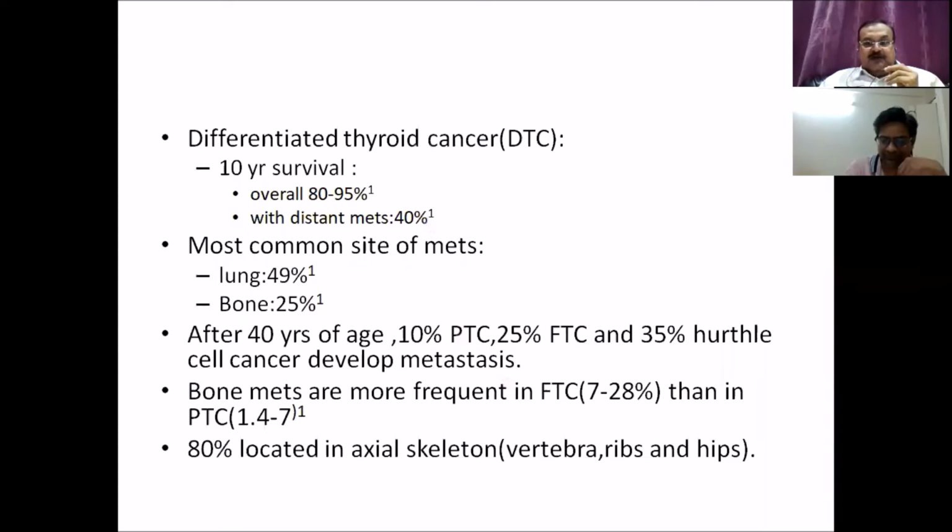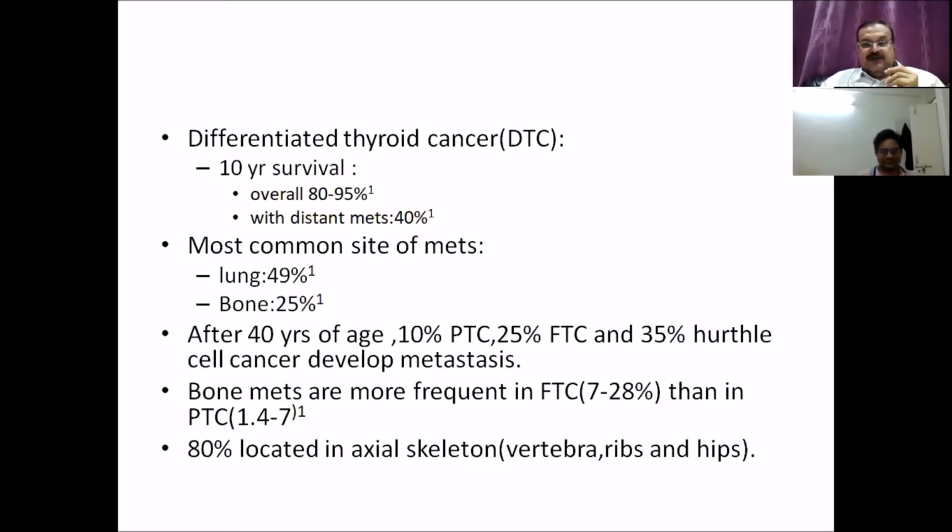Now, a little bit about differentiated thyroid cancers. The 10-year survival is very high, 80 to 95%, with distant metastasis in 40%. Even in this patient of 74 years with an iliac metastasis, the survival is as good as 24% for 20 years. Among the metastases, lung is the commonest site, and bone metastasis is seen in 25% of the cases.